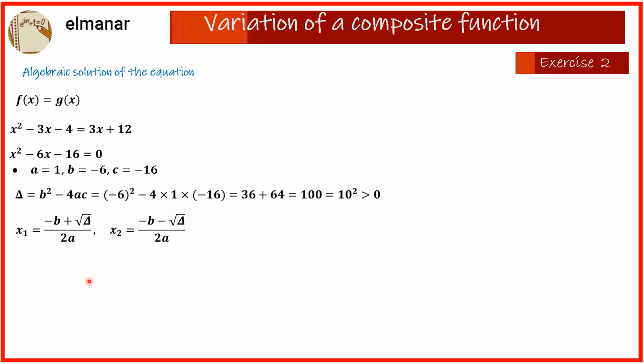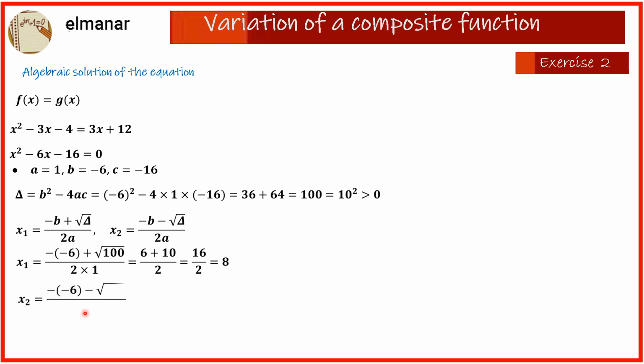By substituting the values, we find x1 equals (−(−6) + √100) / (2 × 1). This simplifies to (6 + 10) / 2, which equals 16/2, thus 8. x2 equals (−(−6) − √100) / (2 × 1).